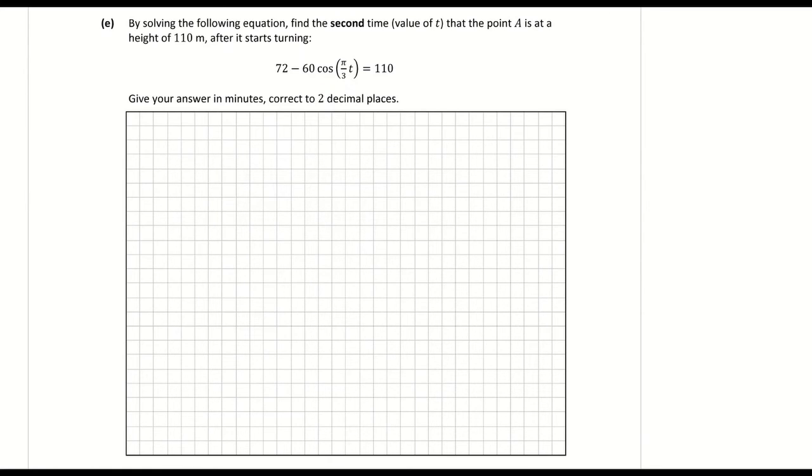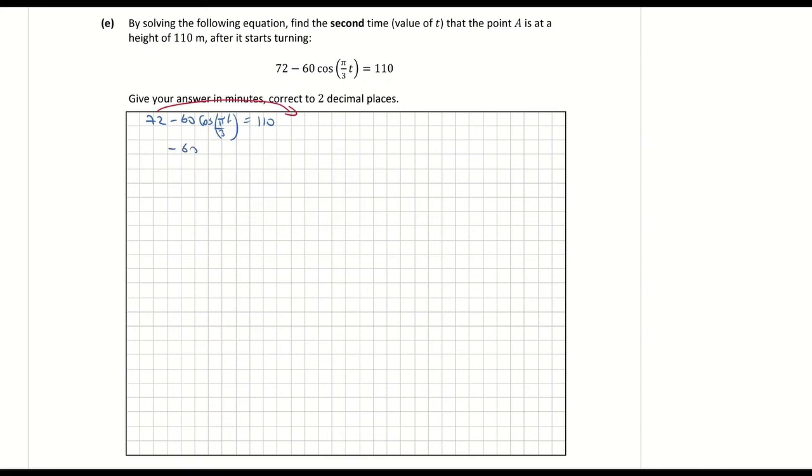Part E. By solving the following equation, find the second time value of t that the point A is at the highest, the height of 110 meters. So we're solving the equation here: 72 minus 60 times cos pi over 3t is equal to 110. First thing I'm going to do is subtract 72 from both sides.